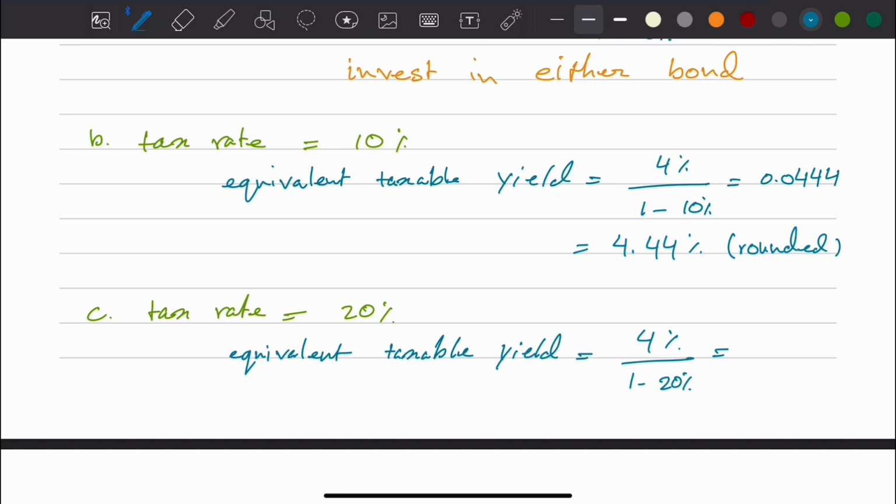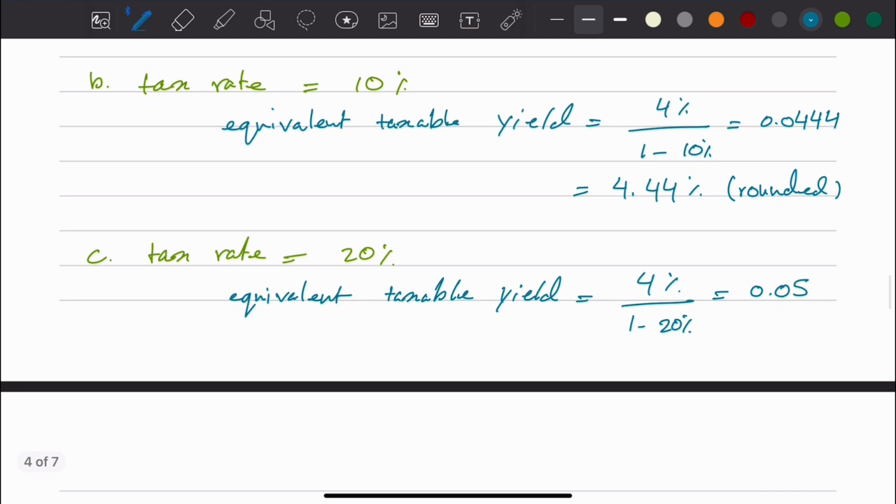Go to the calculator. 0.04 divided by, open a bracket, 1 minus 0.20, close the bracket, and that will equal 0.05, which is equal to 5%.